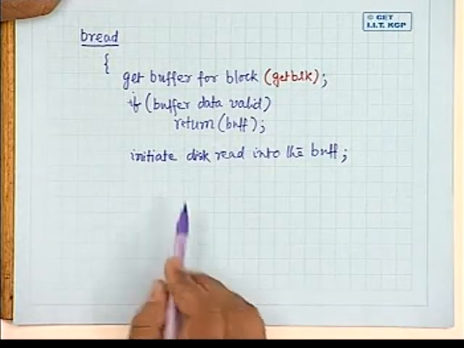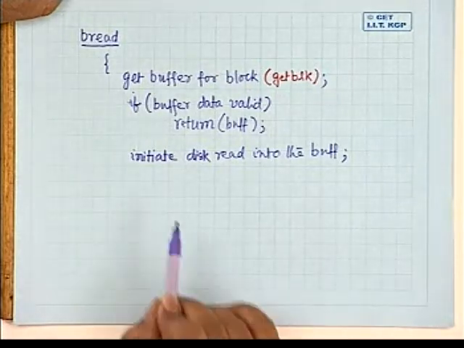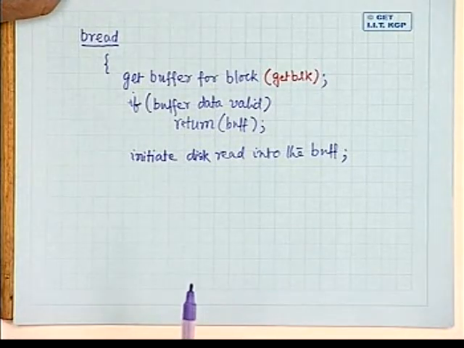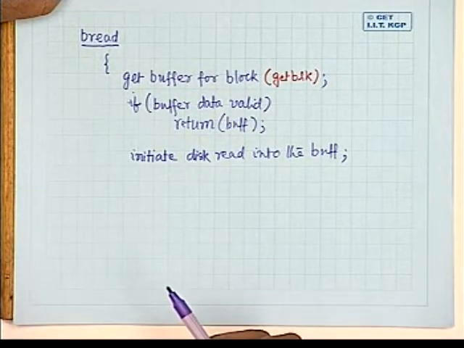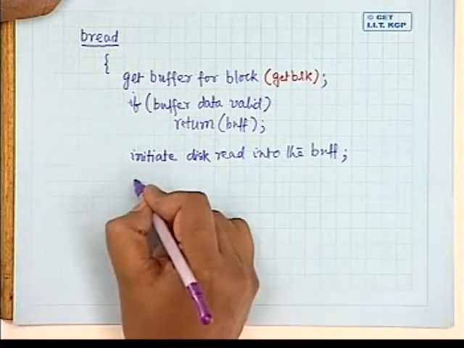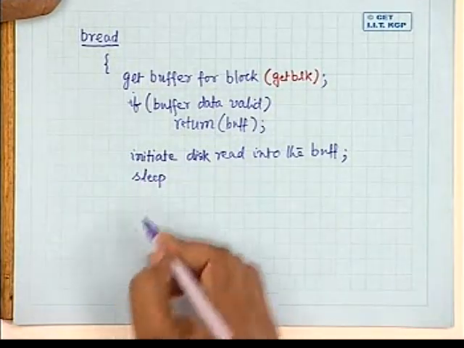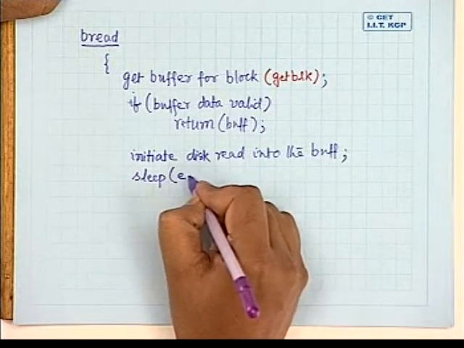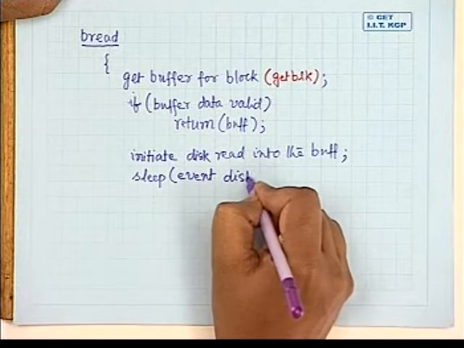Okay. And since the process has requested this block and the block has to be read from the disk, it initiates the disk read. And naturally, until this read is complete, the process cannot continue. The process cannot perform any other task. So the process has to go to sleep mode. So this sleep is again for the process. The process has to go to sleep on the event that disk read is complete.